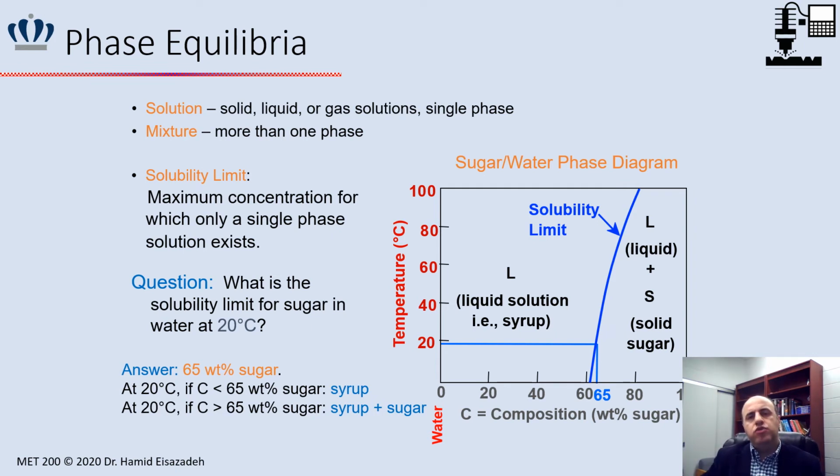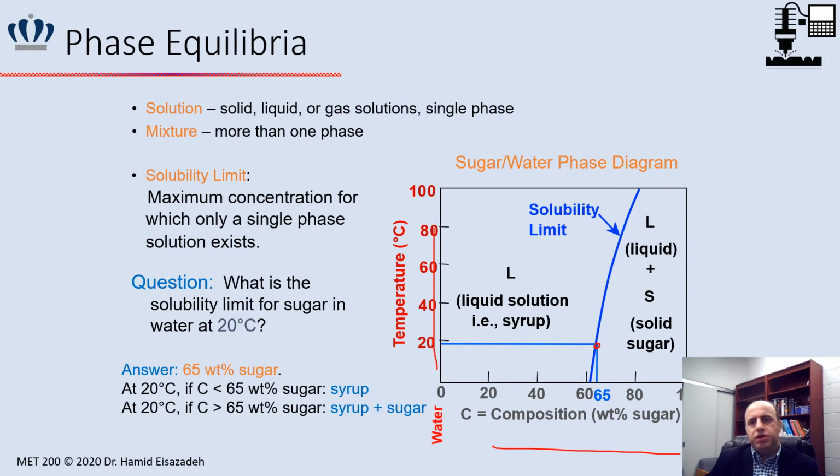But is there a way to increase the solubility limit of the water so we can add more sugar into the water? Yes, it is possible. One way is to increase temperature. Look at this graph. This axis is temperature and this axis is the composition. At room temperature, we can add up to 65% sugar into the water.